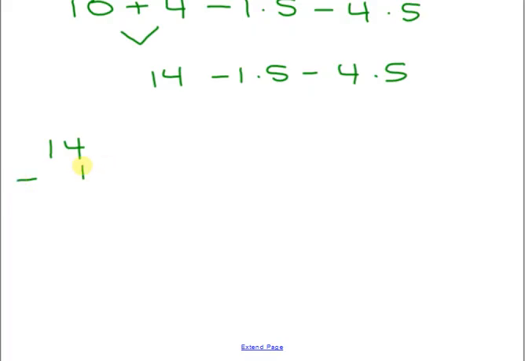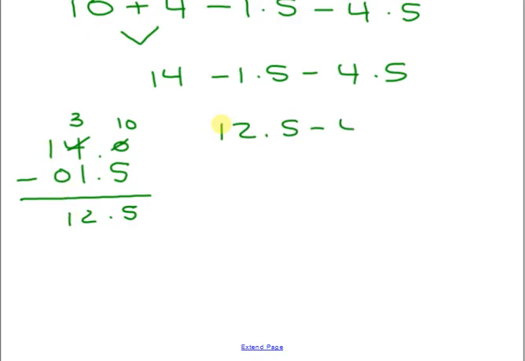Make sure you line it up properly. You're going to have a lot of placeholders here. Okay, so you're going to have to borrow. 10 minus 5 is 5. 3 minus 1 is 2. 1 minus 0 is 1. So here we have 12.5 minus 4.5.